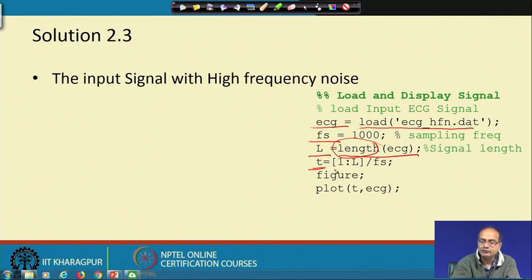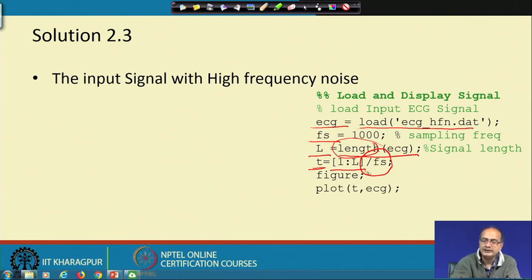So, we create a vector in the form of a ramp increasing from 1 to L, that is the sample numbers, and divide it by Fs, which will give us the time instant of each of these samples.